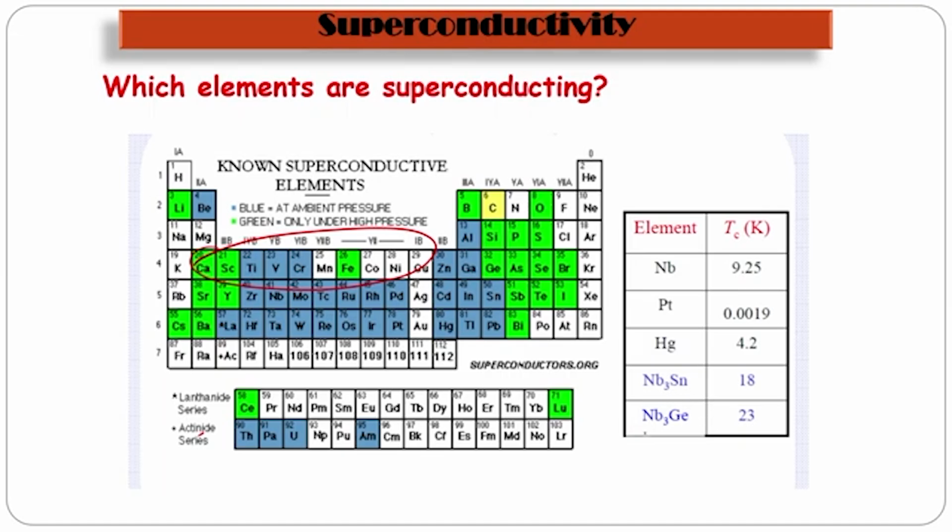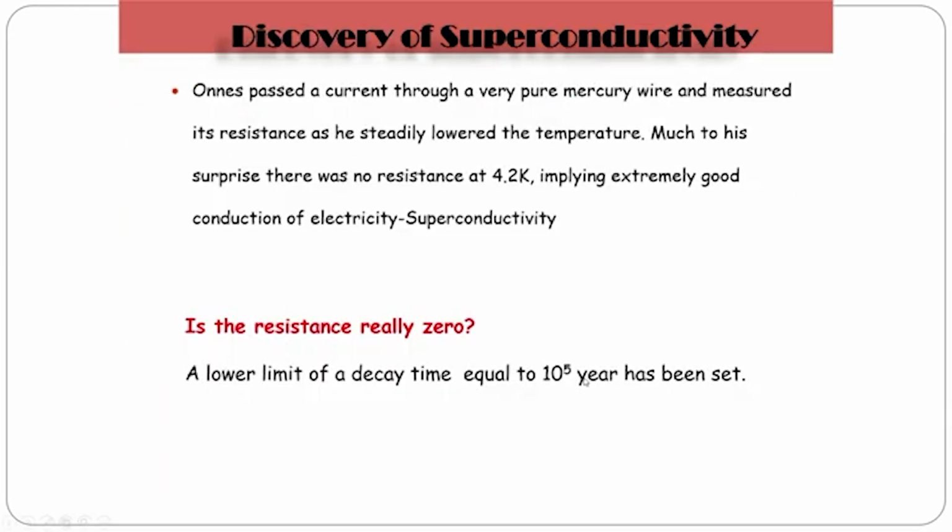The Nb3Sn and Nb3Ge were known for quite some time, and these TCs that you see, 18 and 23, were the highest known TCs till about the mid 1980s. And there are other superconductors, and this has been taken from superconductors.org.